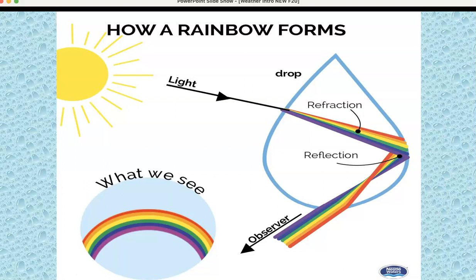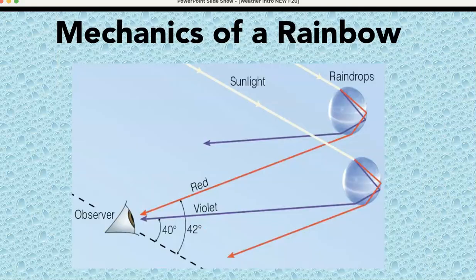A couple of things for this to happen. You've got to have the sun at your back. In order to see a rainbow, you absolutely positively have to have the sun at your back, and it's got to be showing on some area where the atmosphere is still very moist.